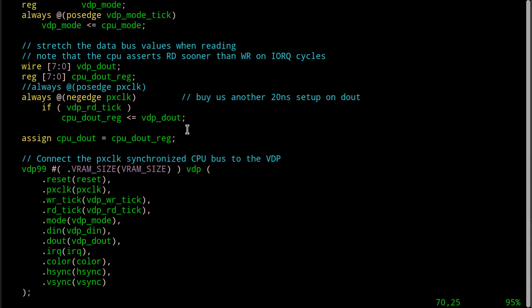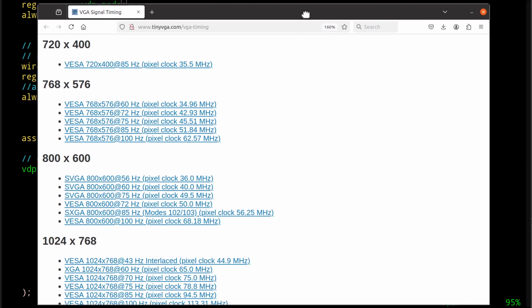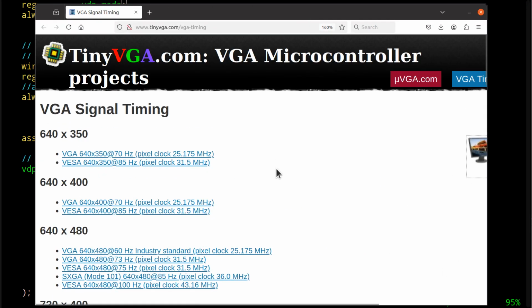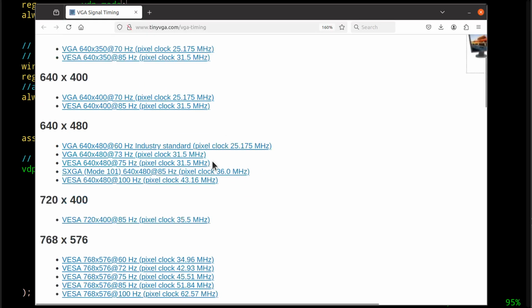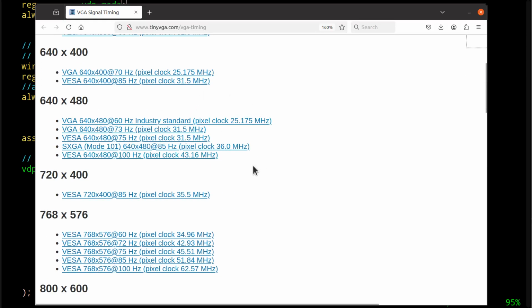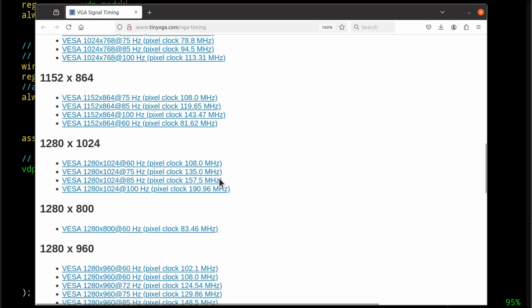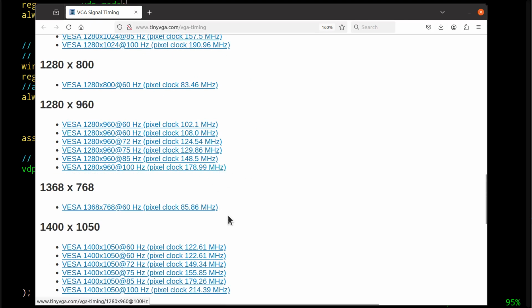It will only work if the pixel clock runs a little bit faster than the CPU clock, and in all the modes that you can put VGA in, if we actually don't play any games, the slowest clock is 25 megahertz. You've got 30, 40, 50, 100, and then way up, 100, 200, and so on.